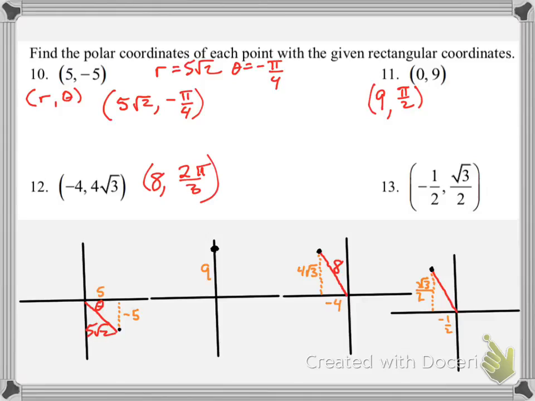And then the last one is really a very similar situation to this one. The radius comes out to 1 on this, and the angle is also at 2 pi/3.